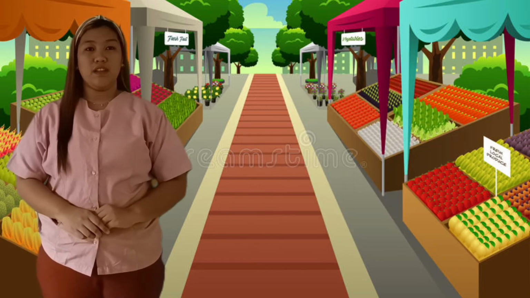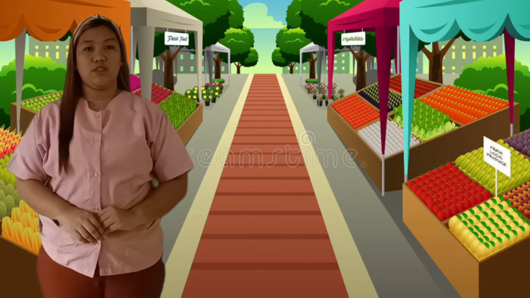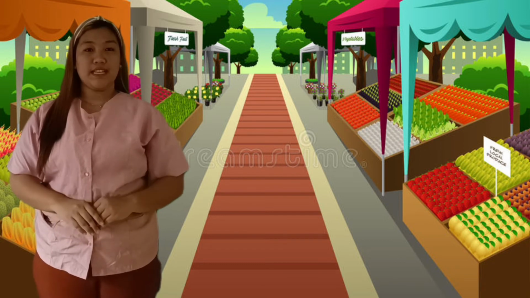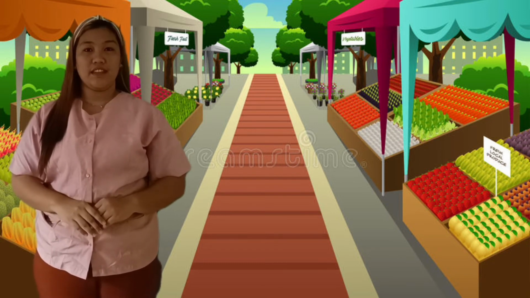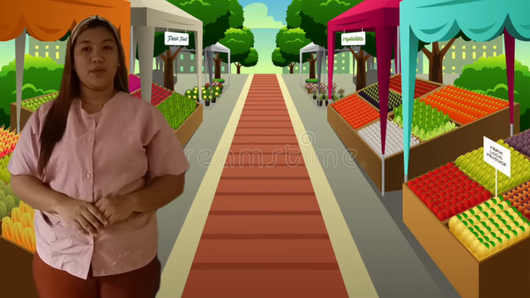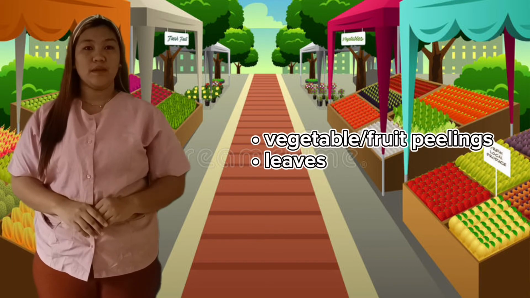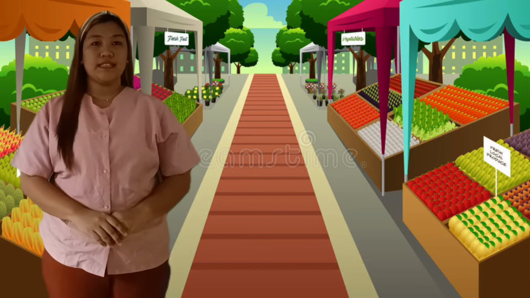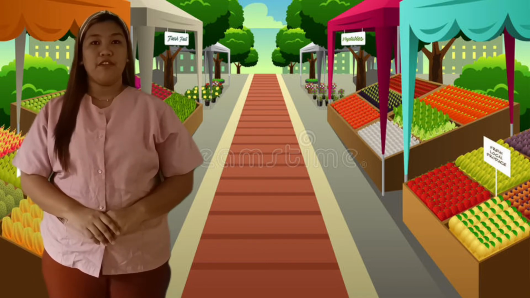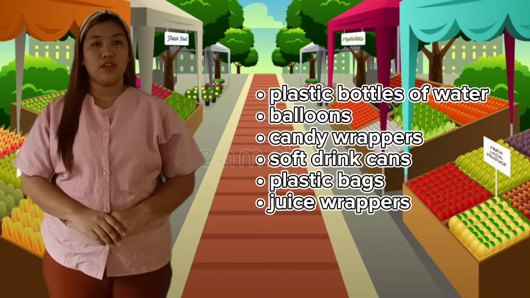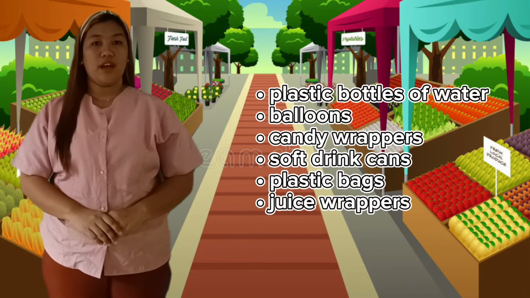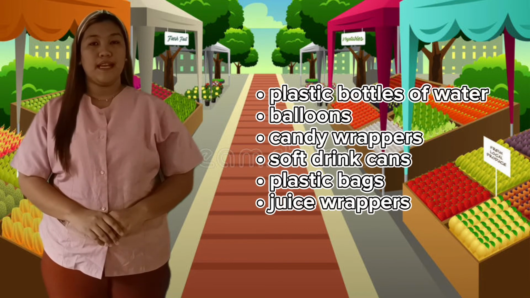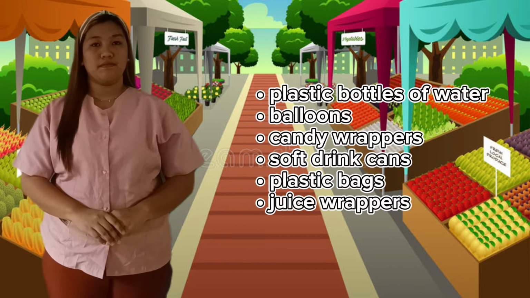Now, using the table, sort the materials in Station 3. For the materials that decay, do you have any from the list? Okay, some of it are vegetable or fruit peelings and leaves. Next are the materials that do not decay. Some of it are plastic bottles of water, balloons, candy wrappers, soft drink cans, plastic bags, and juice wrappers.